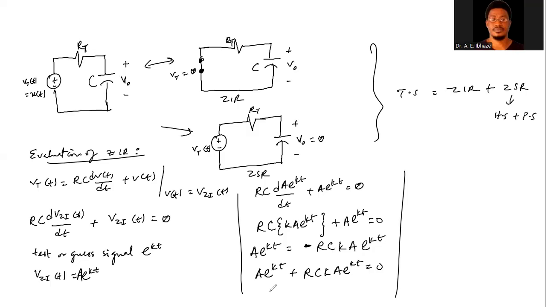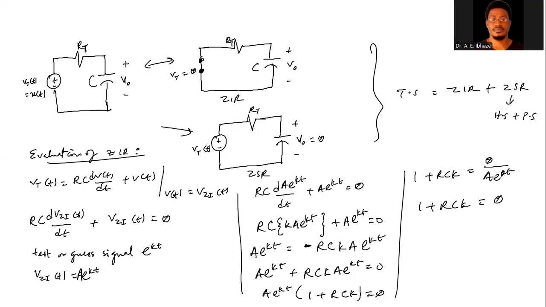So that we now have A e^(kt) common: 1 plus RCK is equal to 0 over A e^(kt), so 1 plus RCK is equal to 0.